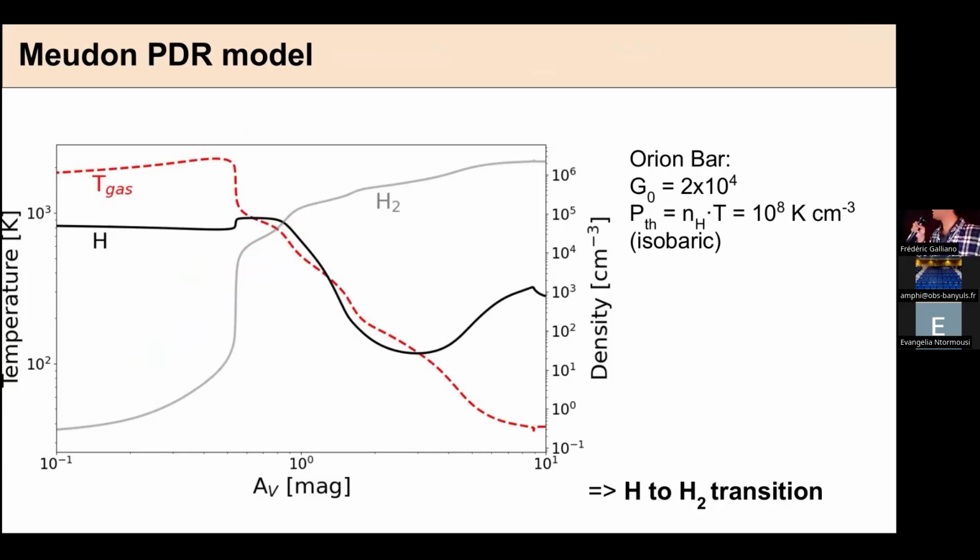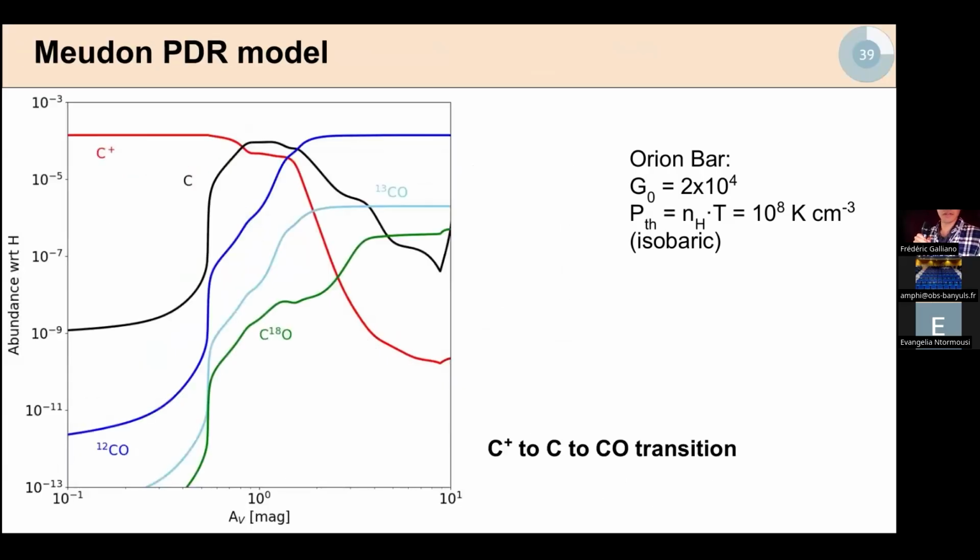What we see is the transition of atomic hydrogen to molecular hydrogen, and the gas temperature decreases with this transition. And this is the transition of carbon from ionized carbon to atomic carbon to CO as the visual extinction increases. And this happens around 0.5 to 1 AV.